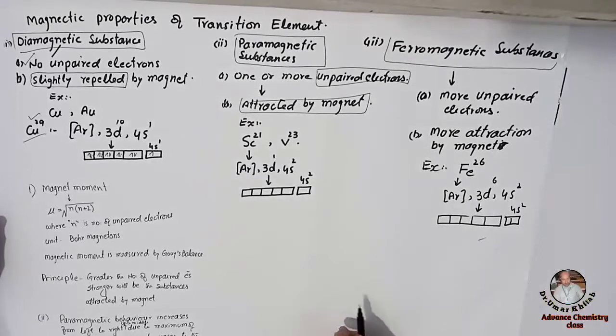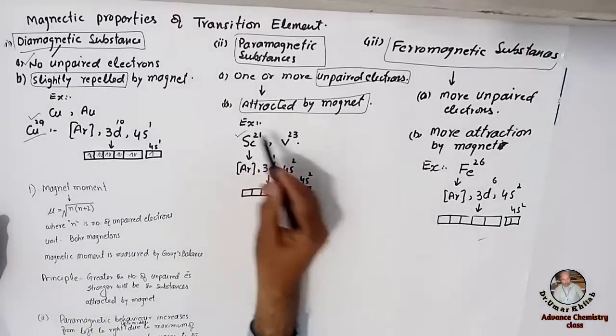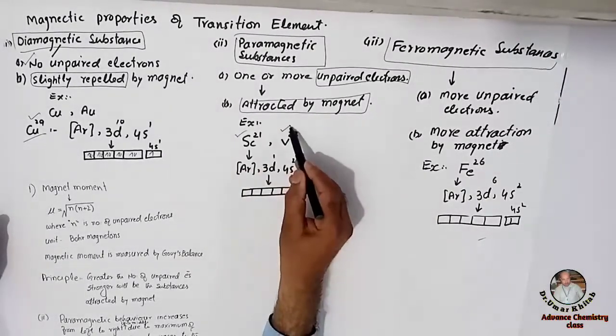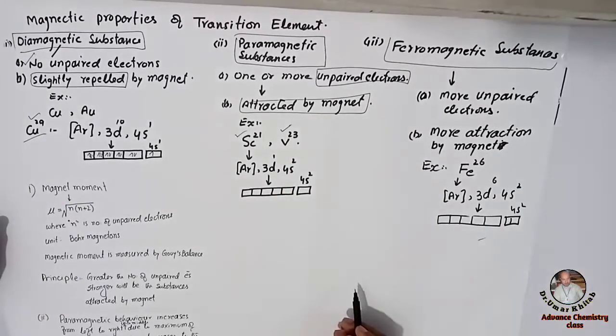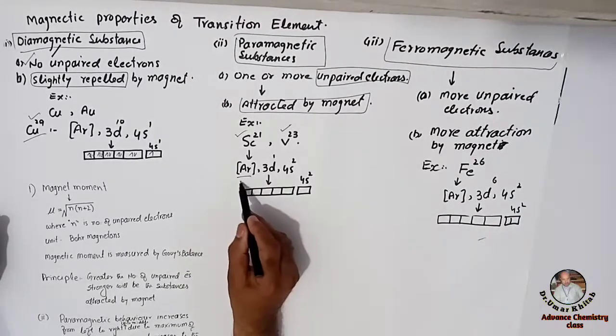We take the example of scandium and vanadium. Scandium has 21 electrons and vanadium has 23 electrons. Scandium has 21 electrons, so the electronic configuration of scandium is argon 18.